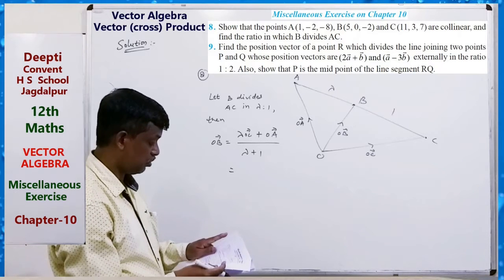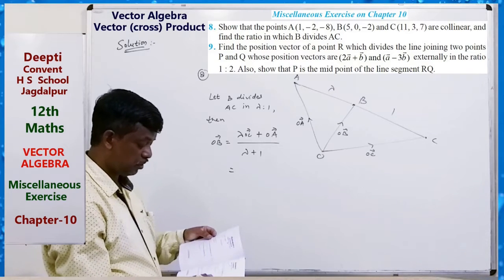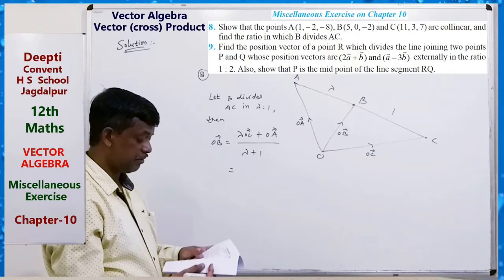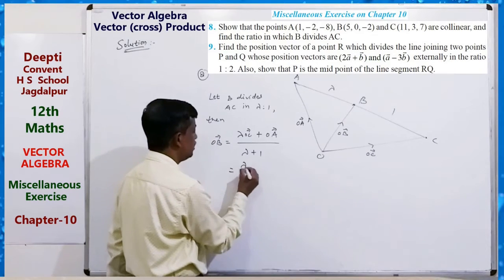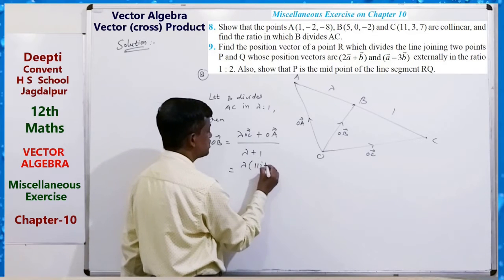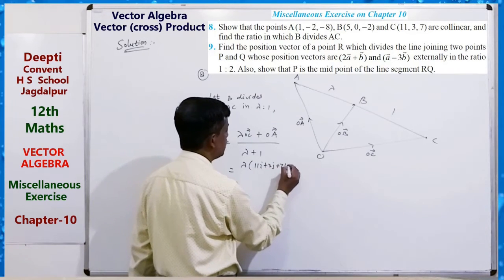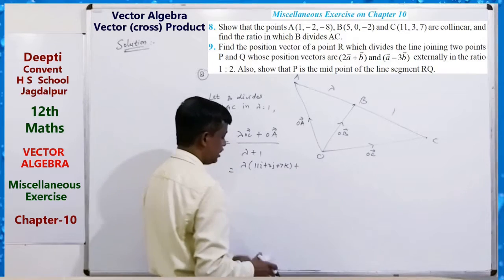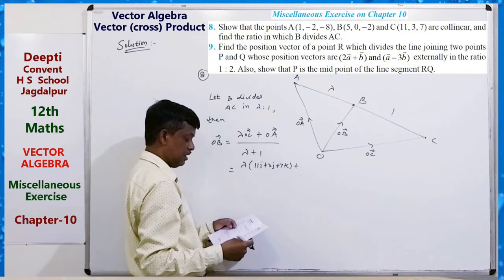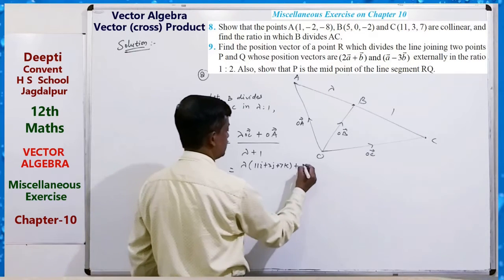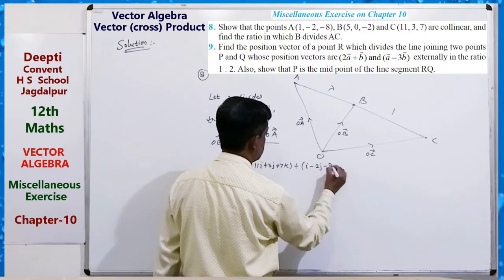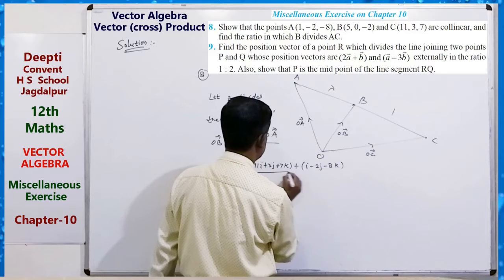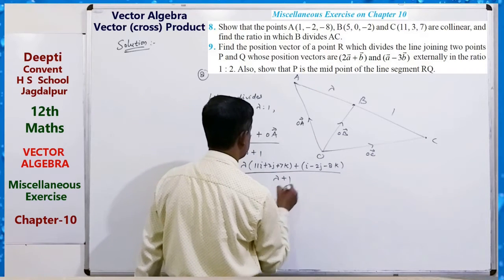C is the point 11, 3, 7, so lambda times (11I plus 3J plus 7K) plus OA, where A is I minus 2J minus 8K, upon lambda plus 1.